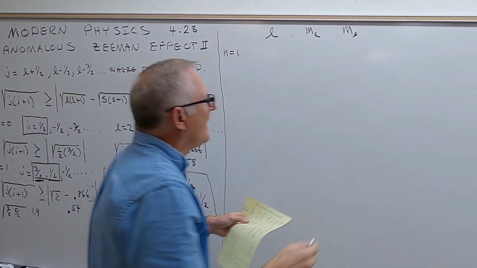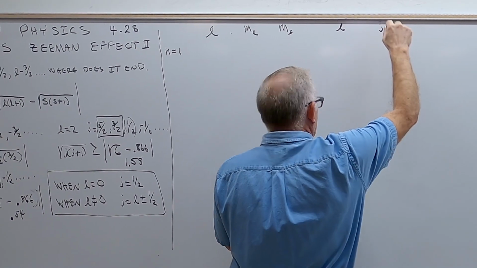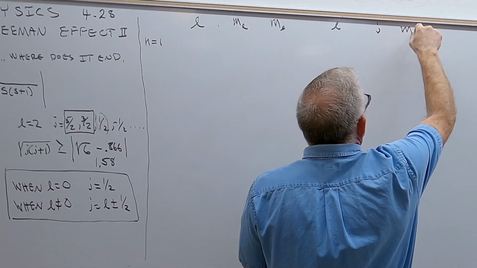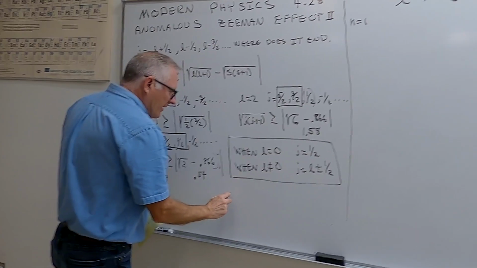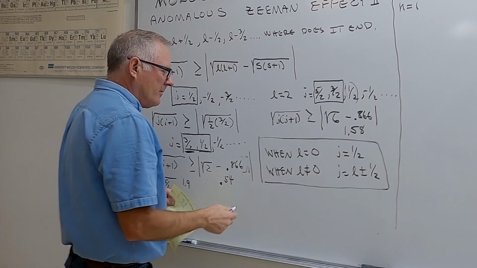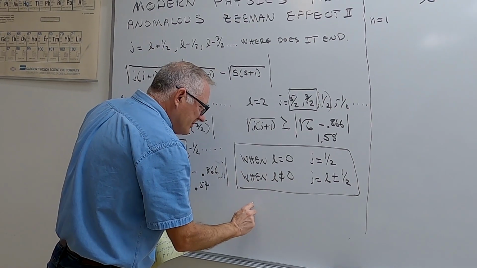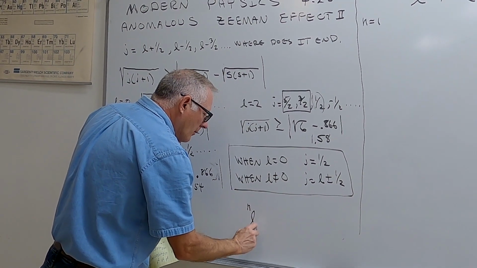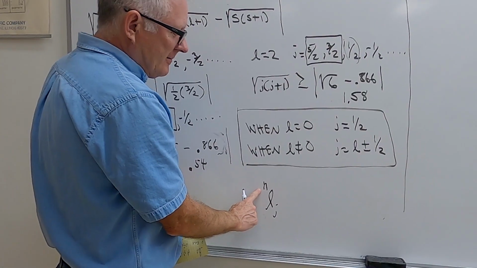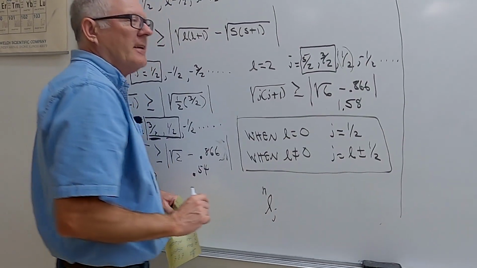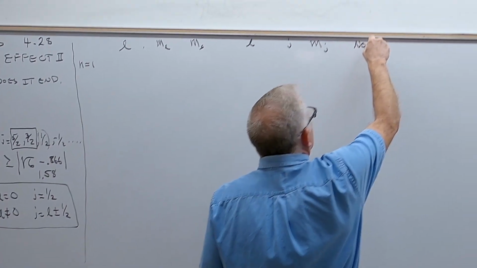But now the new notation will have a L, we'll have a J, and an M sub J. And the notation, remember we said L determines an SPD orbital, and N is usually out in front, but usually when they're using spectroscopic notation, they like to use like this. They put the N, L sub J right here. So I'll put the notation in this last one. Notation.